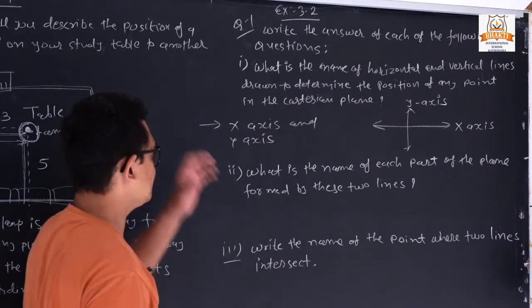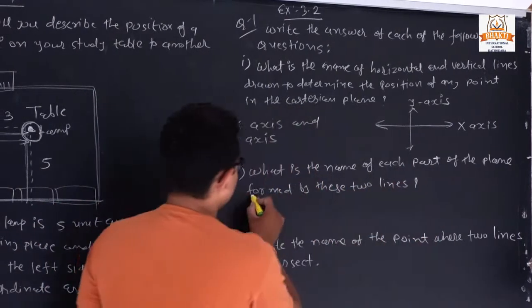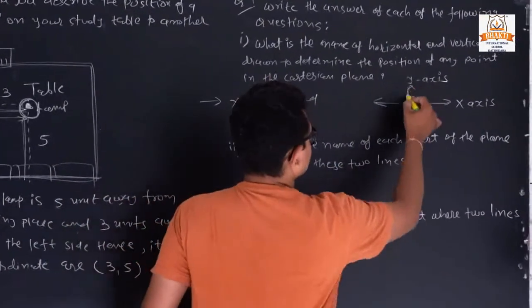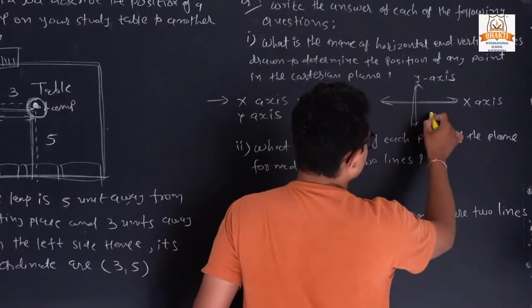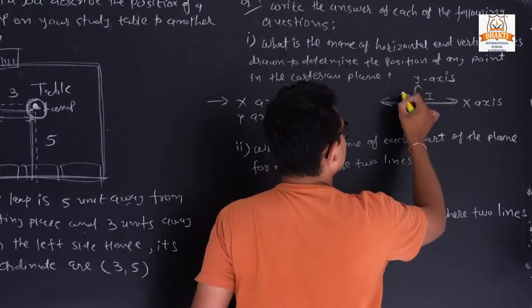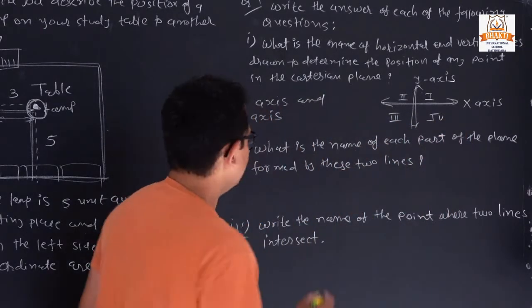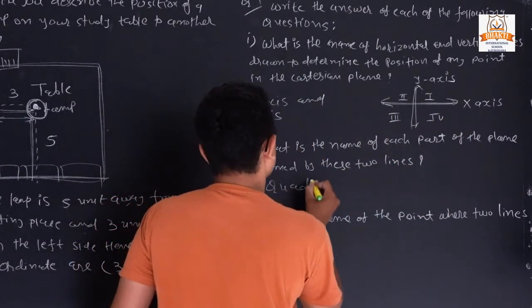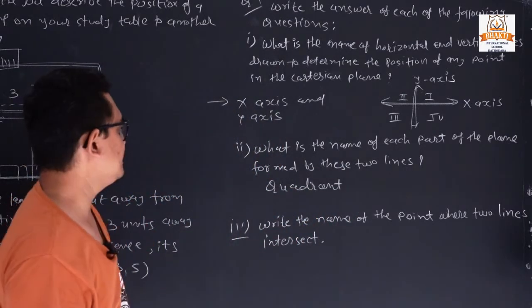Now next, what is the name of each part of a plane formed by these two lines? Suppose we draw these two lines. We have 4 parts, 1, 2, 3 and 4. These 4 parts are known as quadrants. So the answer is quadrant.